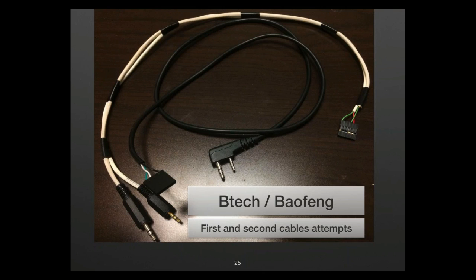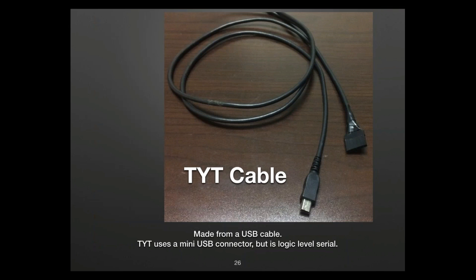But it's just that easy. With the connectors and a couple of crimp pins and a cable that'll fit your radio, it's really pretty fast. So I did obviously the same thing for the TYT radio. Now the TYT radio has a mini USB on the back of the radio, but it's not a USB connection.